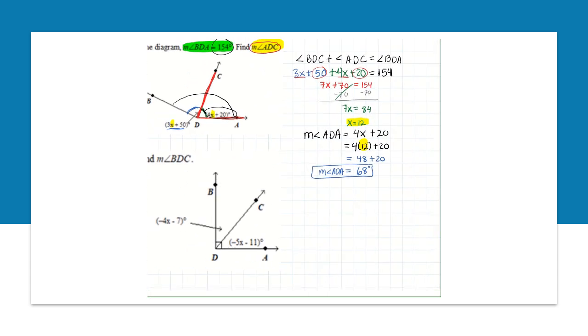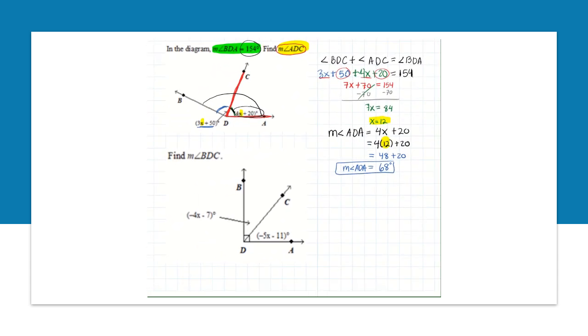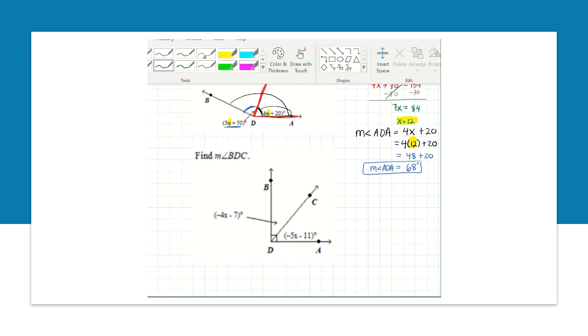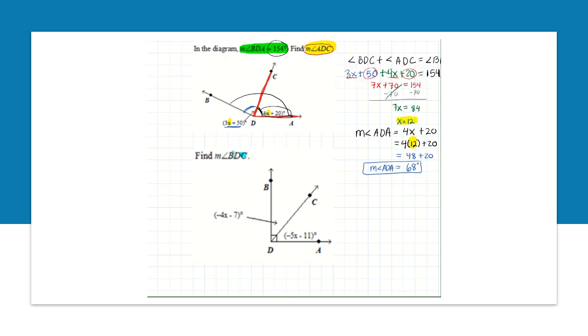Let's repeat a similar process for this other angle. So we're looking for angle BDC. I'm going to outline it right here in blue. Again, we're given the angle measurements for the interior angles in terms of x, which means that we need to find x first before we can find the angle measurement that we're looking for.